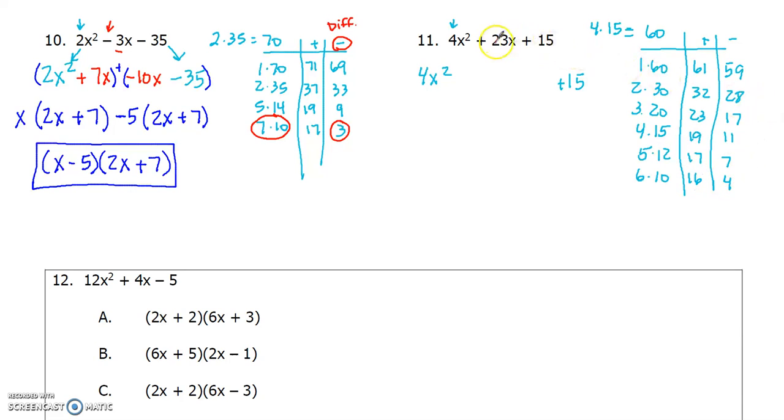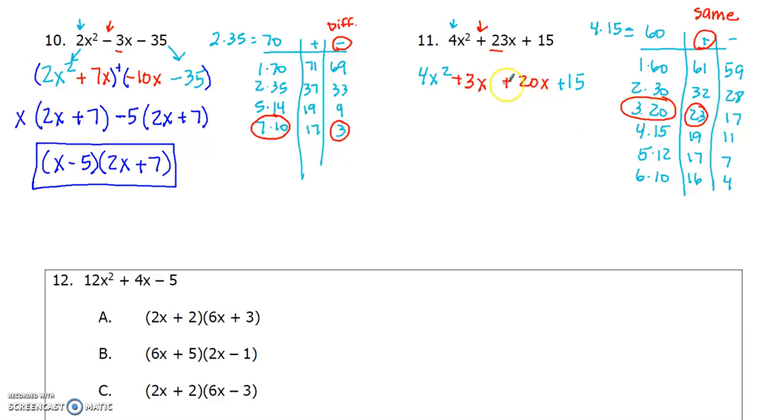Okay, I am looking for 23. I found it here. That means I'm using 3 and 20. And this means my signs are going to be the same. They're whatever this sign is. So I will have 3x and 20x, and they both are positive.